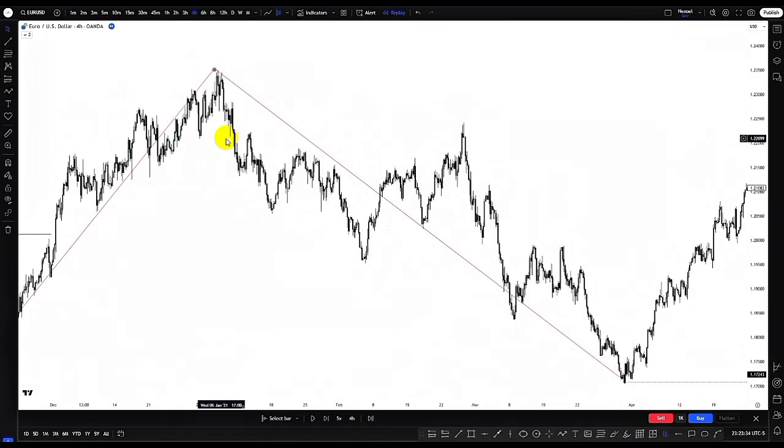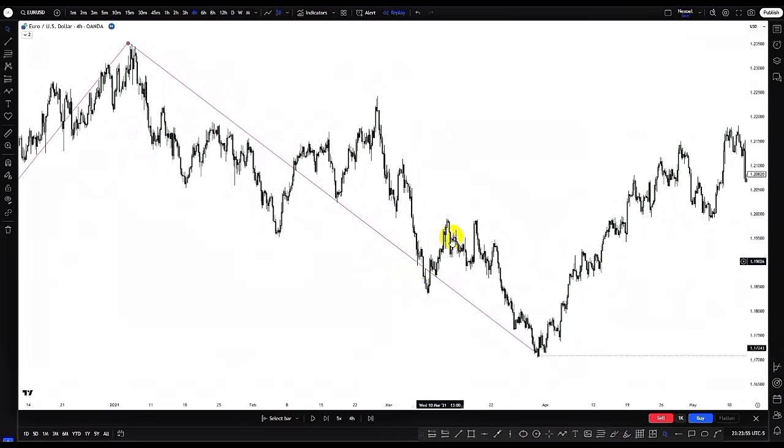We have a market structure shift here, because this is the last swing low point that printed this high point. So we have market structure shift, fall to the downside, a pullback, price fell, broke this low, a pullback, price fell, broke this low. We had this deeper pullback to the upside, price fell again, broke this low. We have another pullback, price fell again, broke this low.